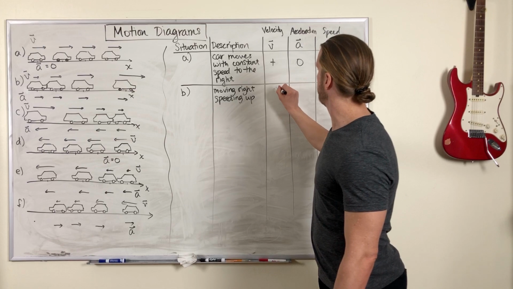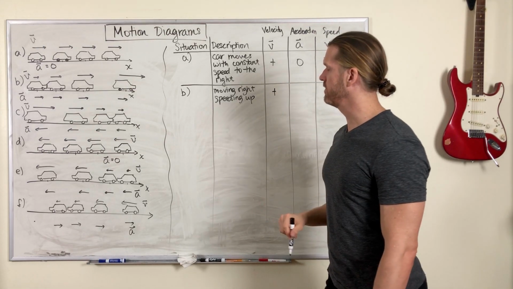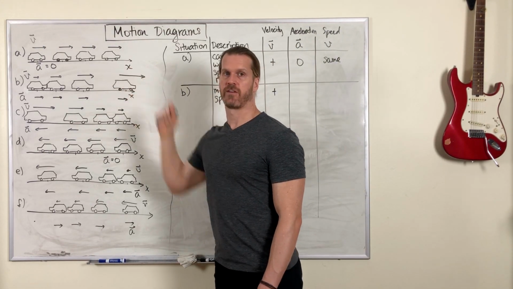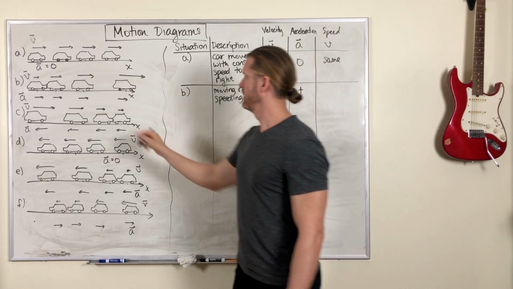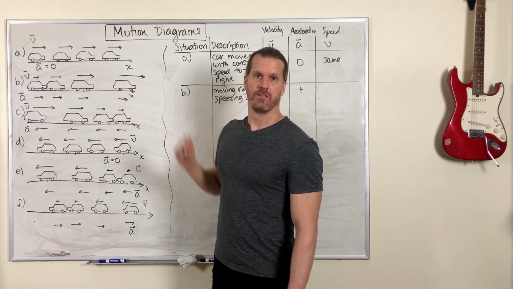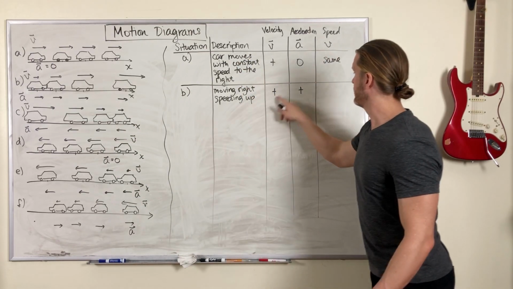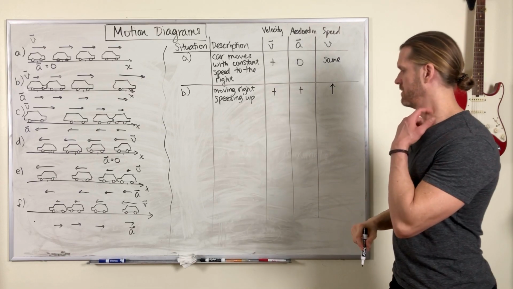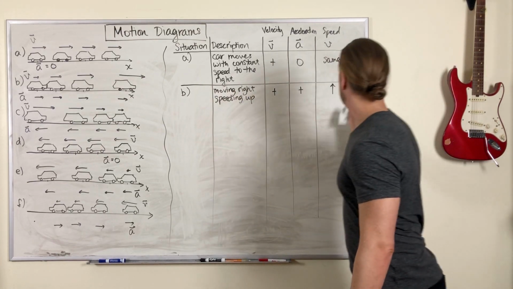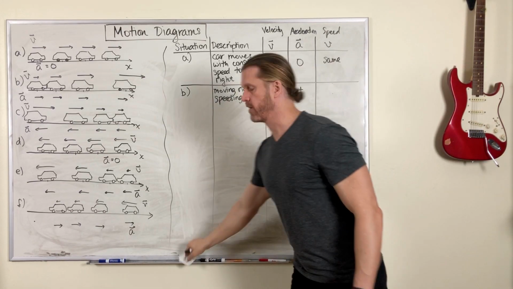That means the velocity vector is positive. It's pointing in the positive x direction. The acceleration vector is also positive. Those two vectors point in the same direction, which means that the speed increases. I'll write that out in words.